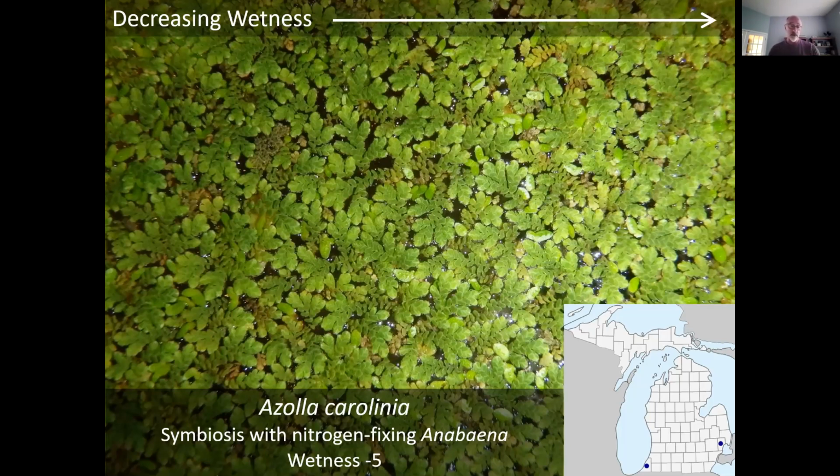Anyway, it's a floater. And by the way, this right here, that's one plant. So you're looking at, I don't know, a few hundred plants, or at least a few dozen. If you were to scoop them up and put them on your finger, you'd have at least a dozen on your finger. These are tiny little plants with little root systems, the whole bit, dangling down.